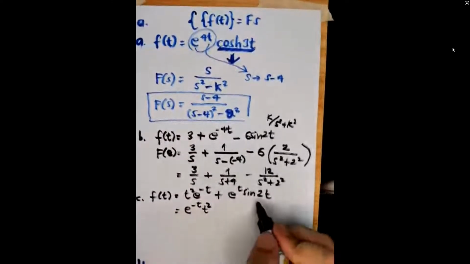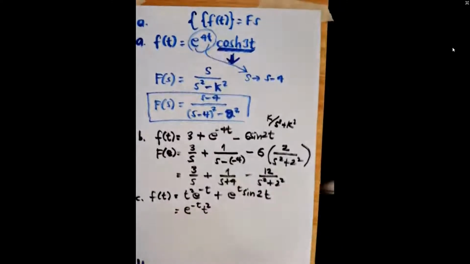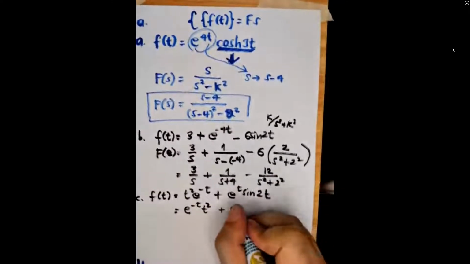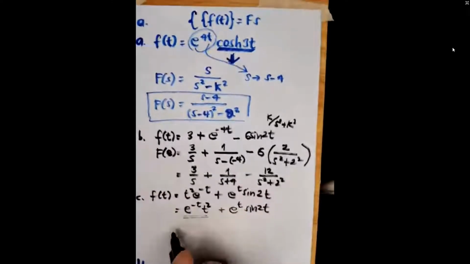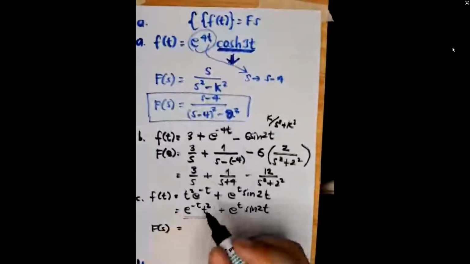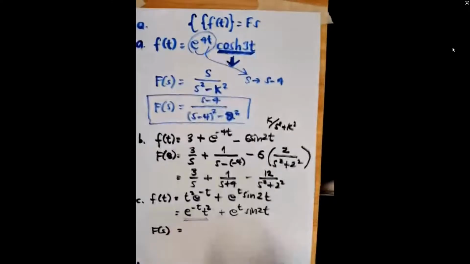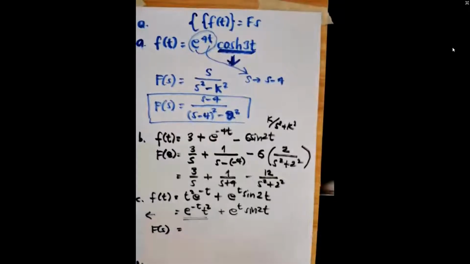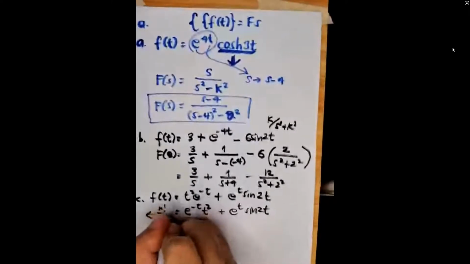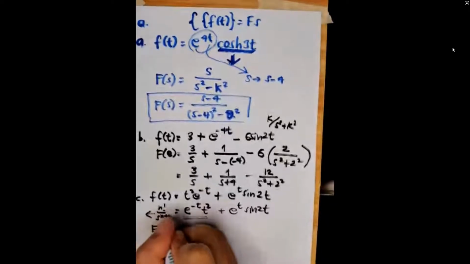Ayan. So, yung pangalawa naman is, ayun, nasa case 3. So, same lang din naman siya. E raised to t sine of 2t. So, paano natin ito ita-transform as of our f of s? Okay, so gagayahin lang natin muna yung sa t. Okay, so paano ba yung sa t? Di ba yung t^n? If we will go back, so yung t^n is equal to n factorial over s^(n+1).